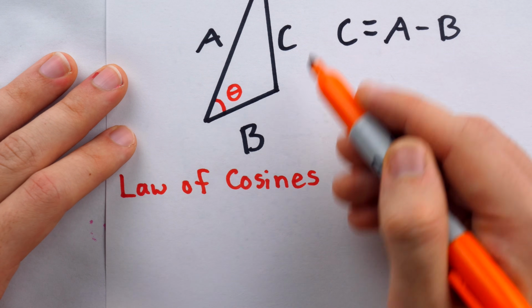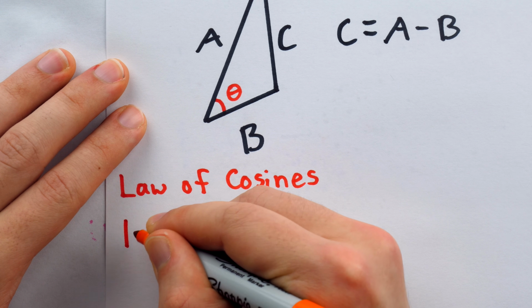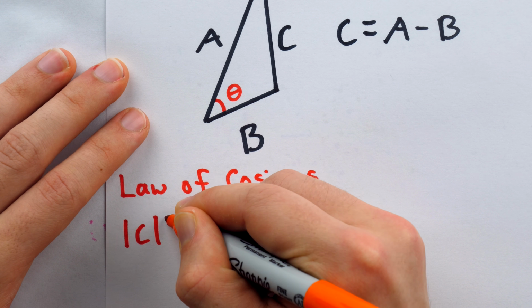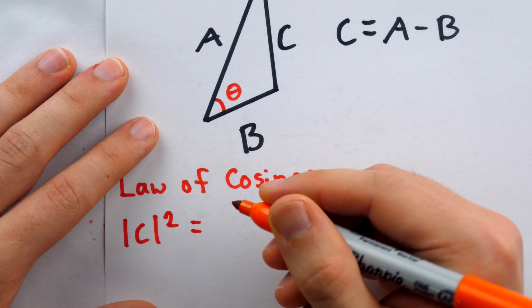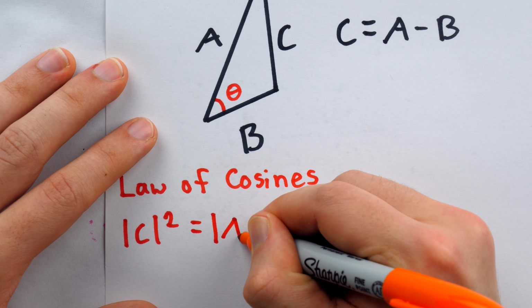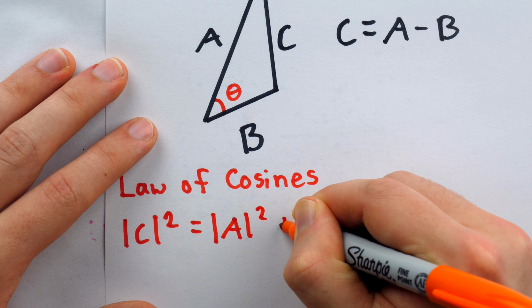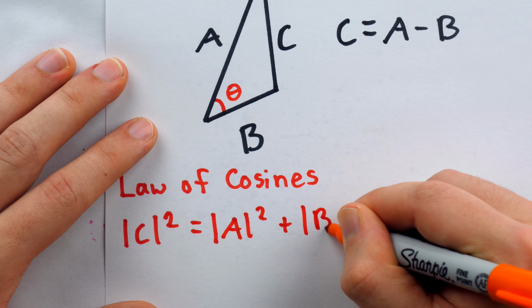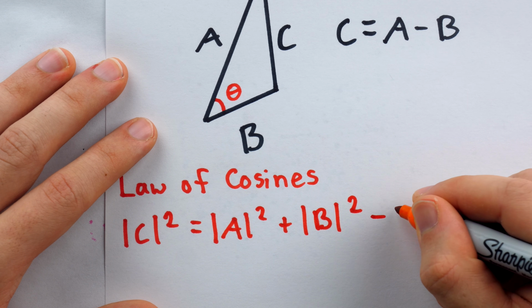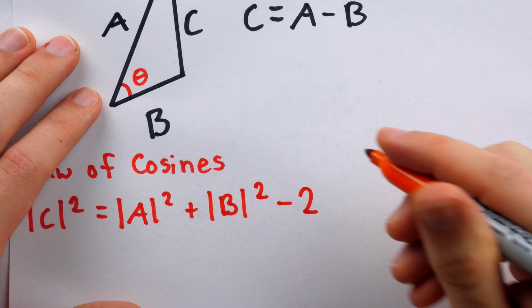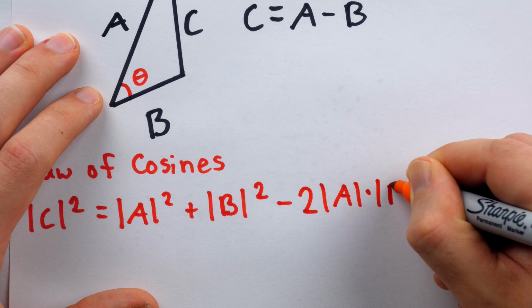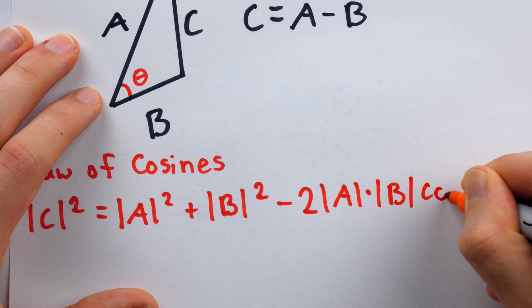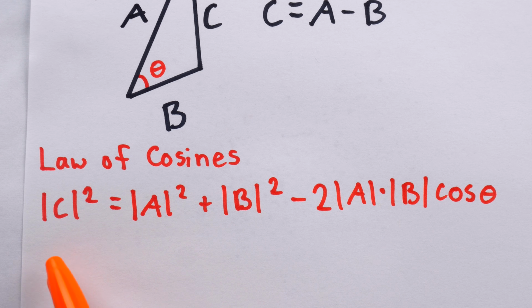It tells us that in this triangle, the square of the magnitude of that side C, so the magnitude of C squared, is going to be the magnitude of A squared plus the magnitude of B squared minus 2 times the product of the magnitudes of A and B with the cosine of the angle between them. So we're just accepting this, the law of cosines, as true.